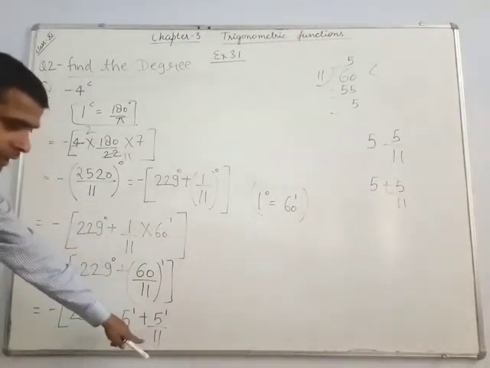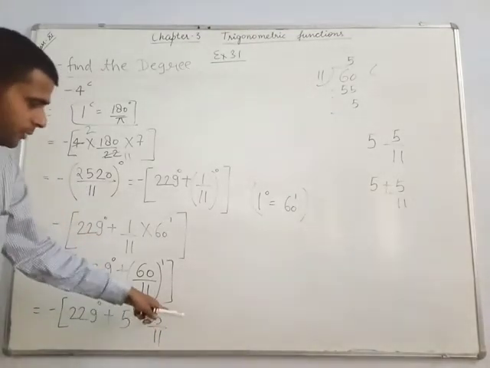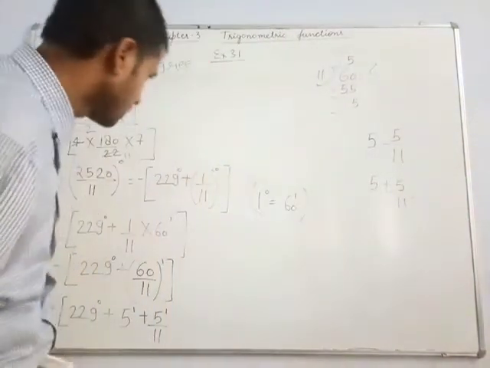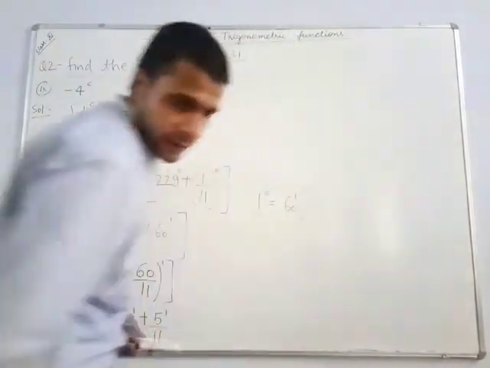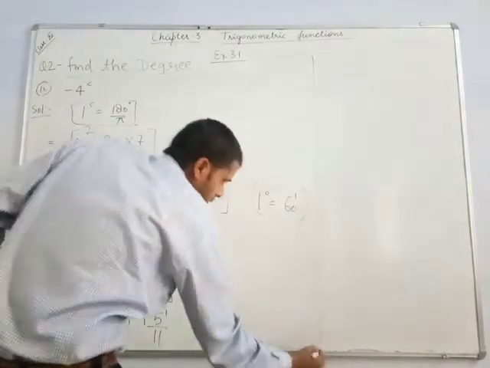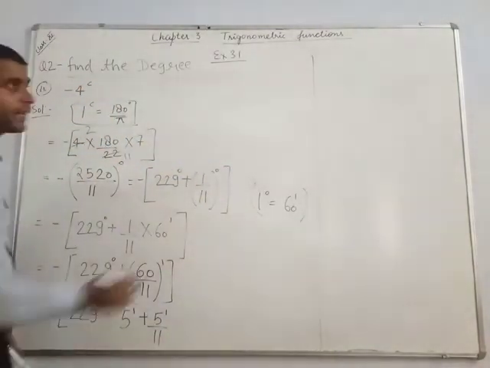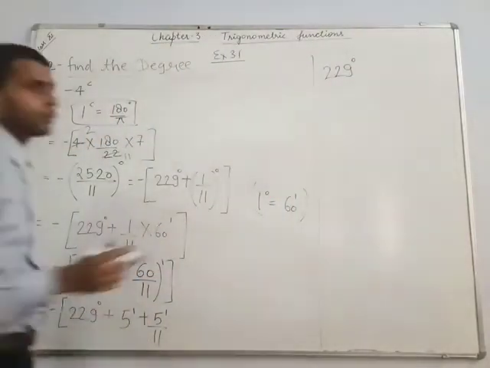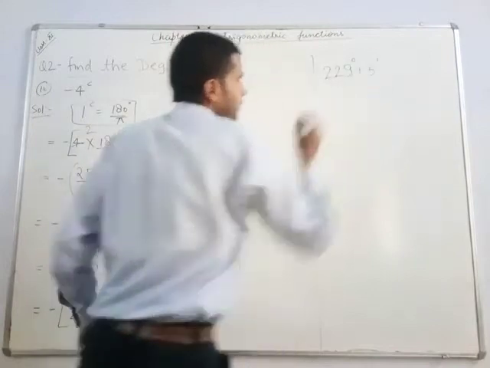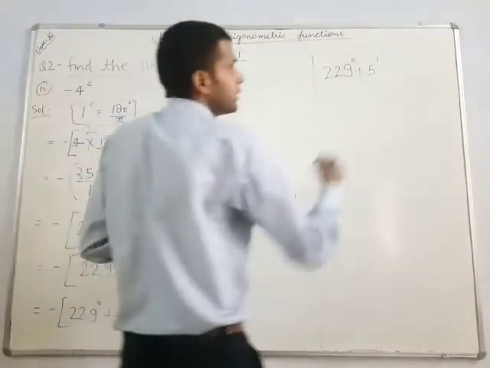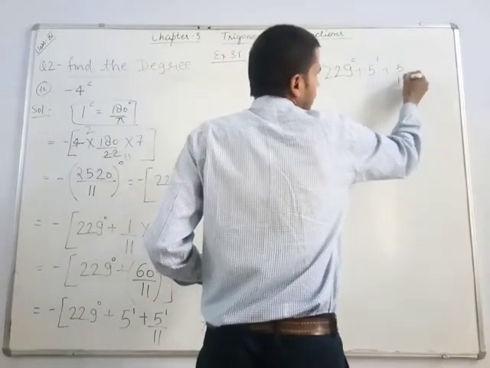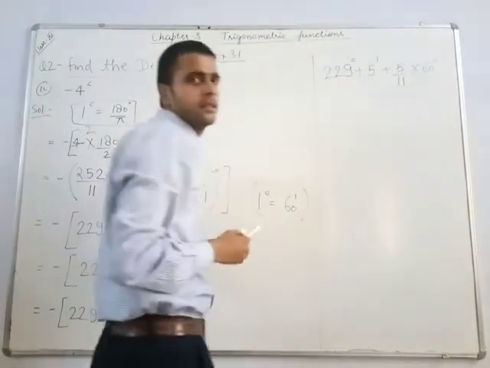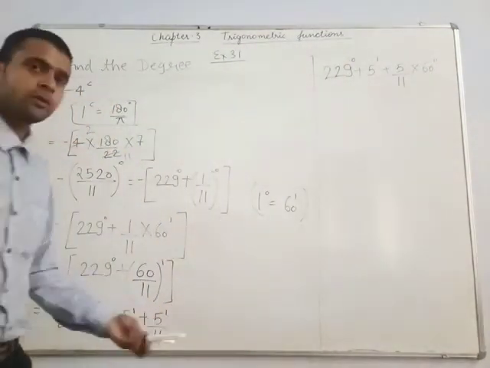Again this is numerator upon denominator. You have to convert a minute into second. See this: 229 degree plus 5 minutes plus 5 upon 11 multiply by 60 seconds, because 1 minute equal to 60 seconds.